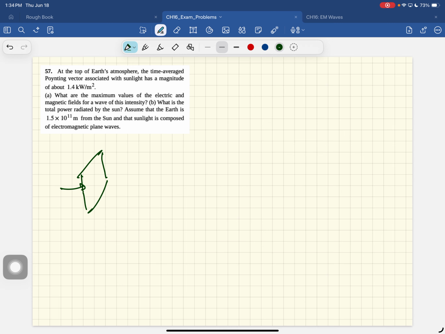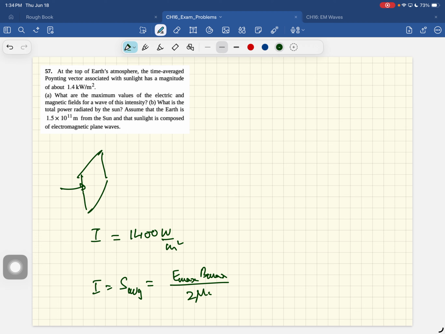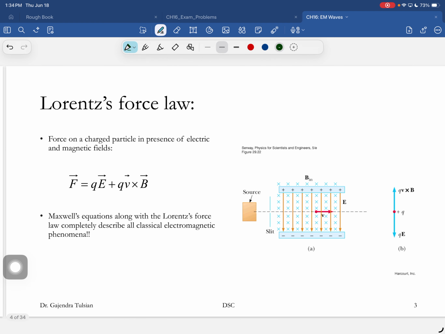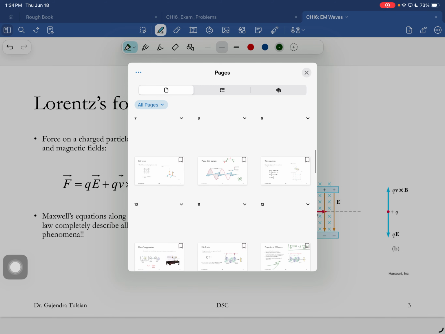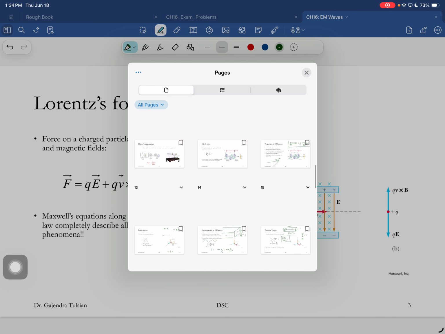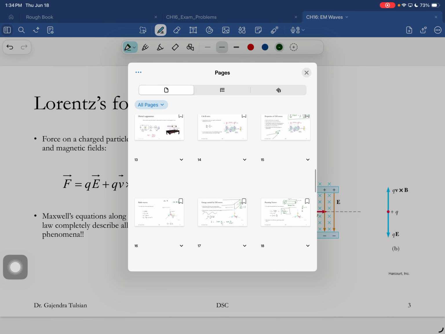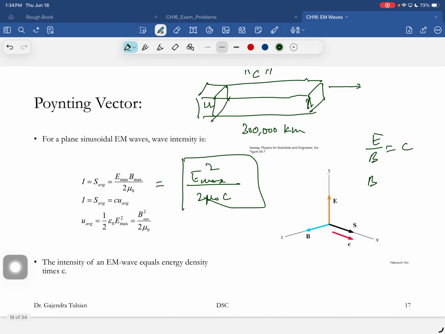Intensity at Earth is 1400 watts per meter square, 4 pi, and the distance to the Earth is 1.5 times 10 to the 11 meters. So let's do this: that's 10 to the 3, 10 to the 22, that's 10 to the 25 watts. 1.4 times 4 pi times 1.5 squared.